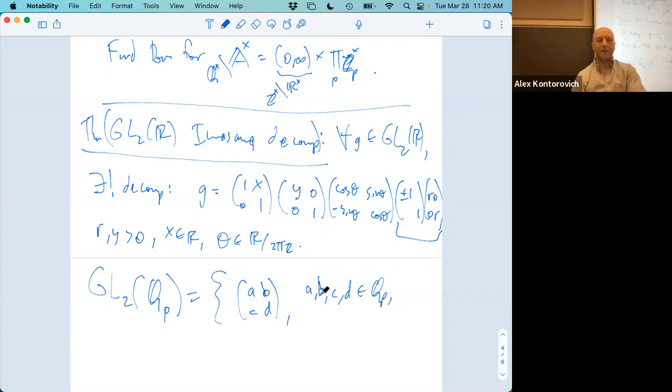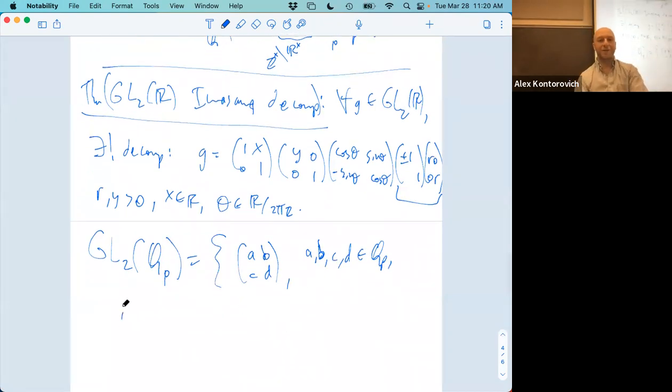What would it take for this to be a group? I need to be able to take inverses. This is just an algebraic fact that the inverse of this 2 by 2 matrix in any ring is d, negative b, negative c, a, because this thing times this thing gives the determinant on the diagonal.